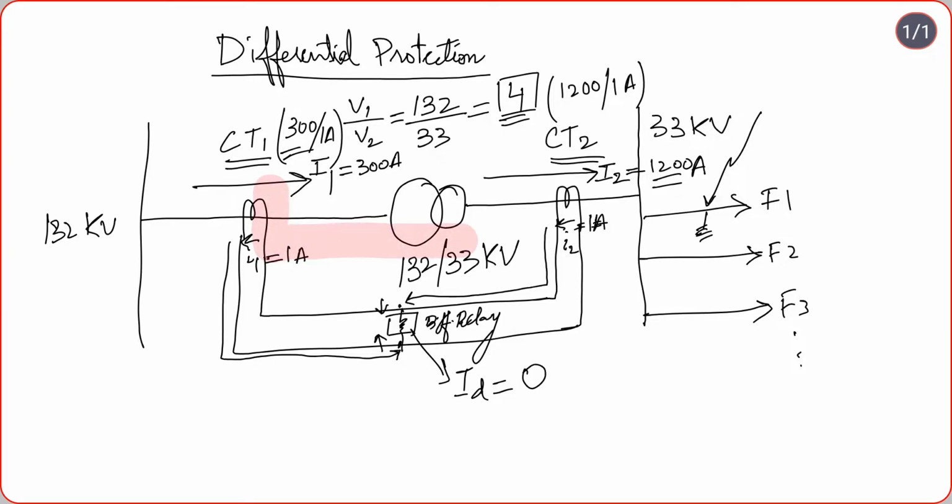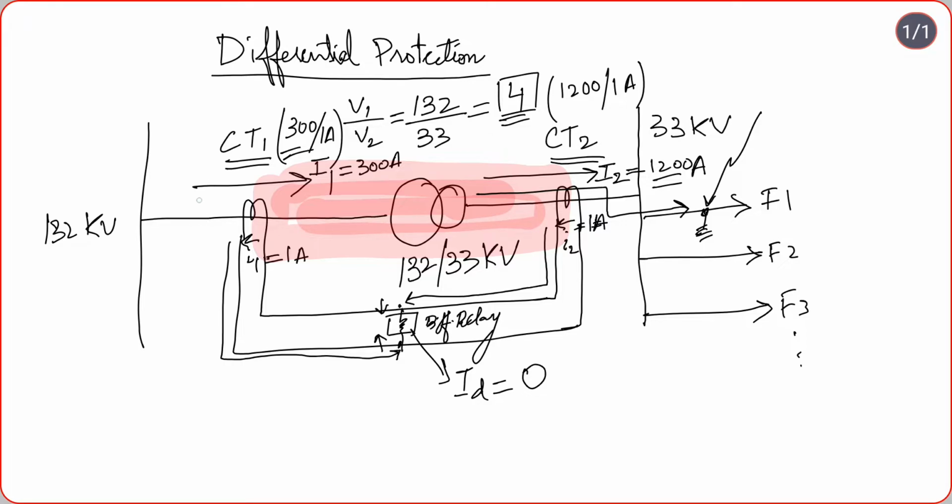This area is our differential protection zone. Now let us suppose the fault occurs here. The direction of current will be this way, towards the fault point.